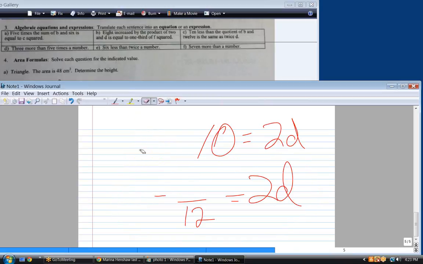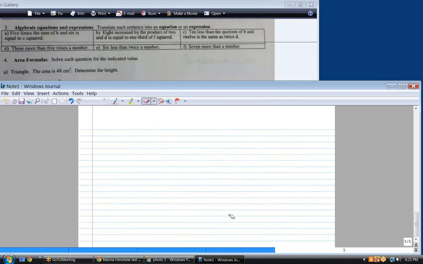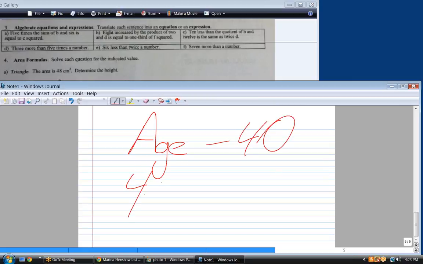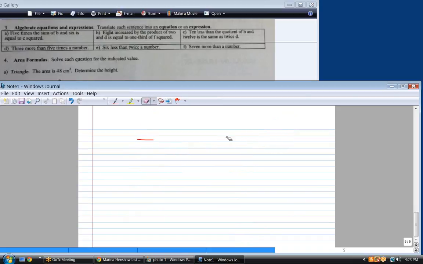In other words, if I said you are 40 years less old than me, it would be my age minus 40 to get your age. It wouldn't be 40 minus my age. So when you see the terms less than, know that you're going to be subtracting from whatever it's less than.